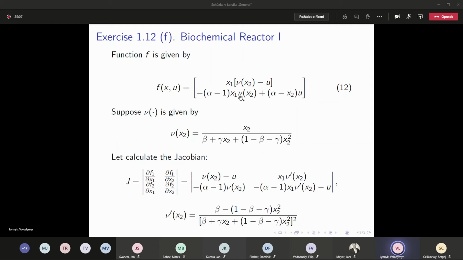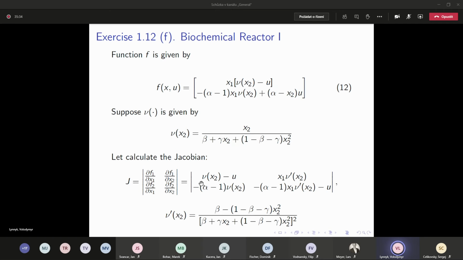This function nu depends on x2, plus alpha minus x2 times u, and suppose that function nu is given by the next equation. Let's calculate the Jacobian.